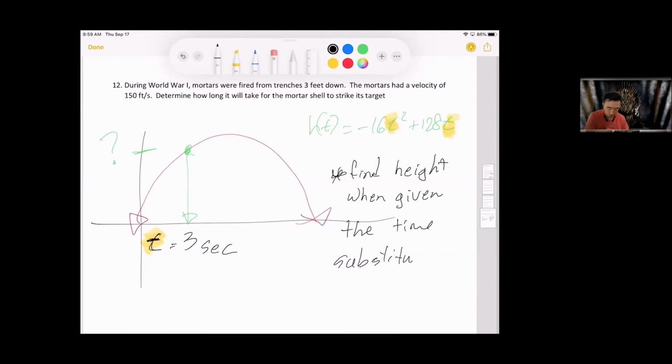Substitute t. So you just have negative 16 t squared plus 128 t, and you just put in 3 seconds. And you'll be good to go. You can find the height. Any questions?